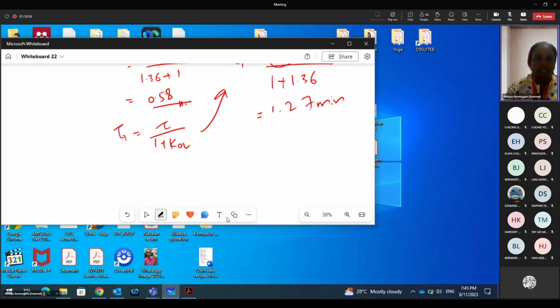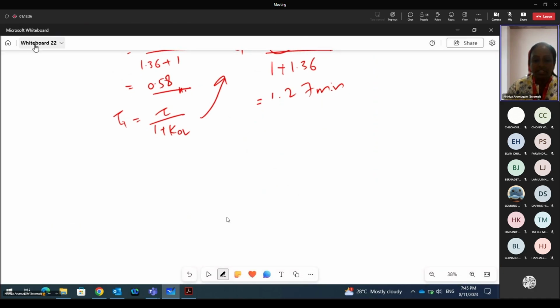With that, the expression for H over HSP will be 0.58, which is our KOL over 1 plus KOL, for set point change, over tau 1 s plus 1.